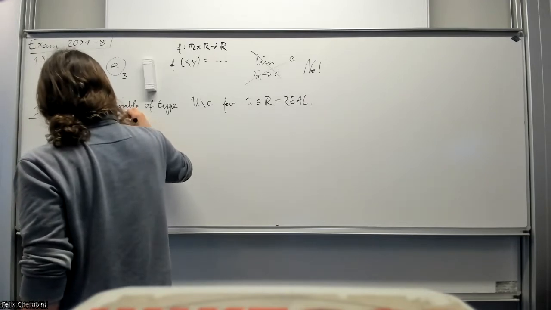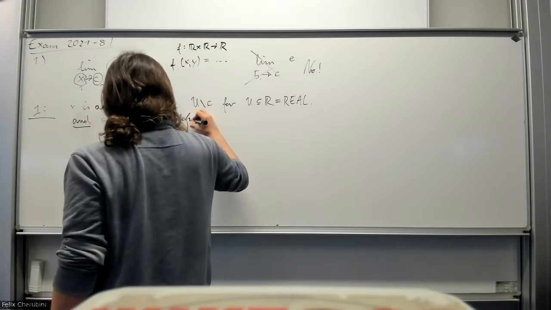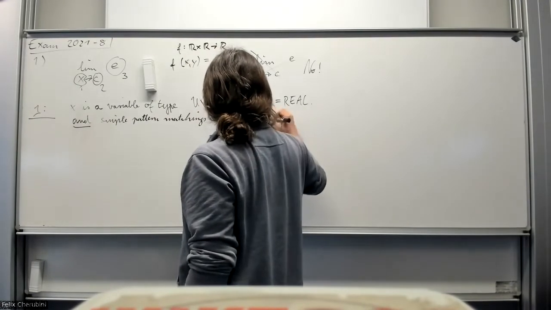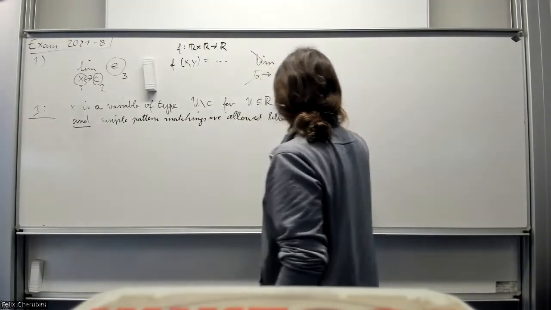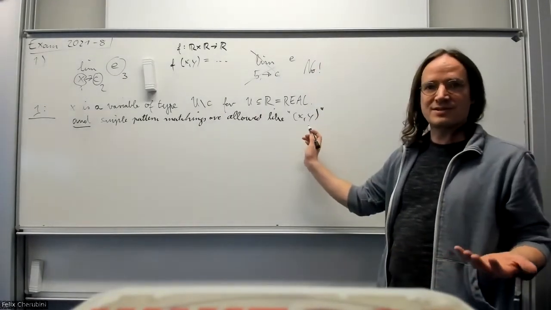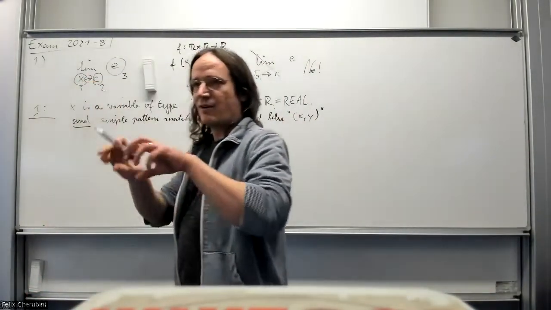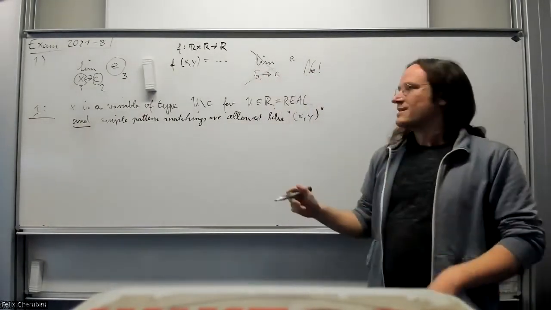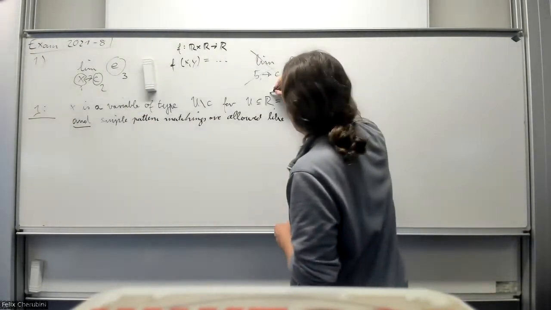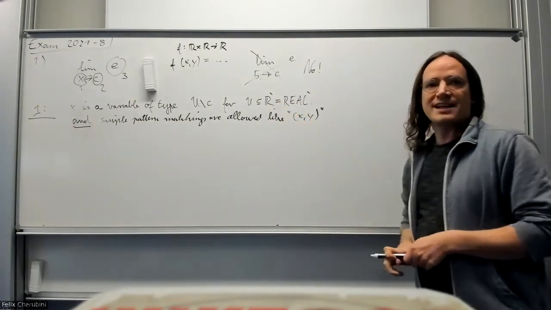Simple pattern matchings are allowed. And that fits with the math notion. There it would be okay to say, let a pair of variables go to some C, which is a pair. So we could also say n-dimensional here.